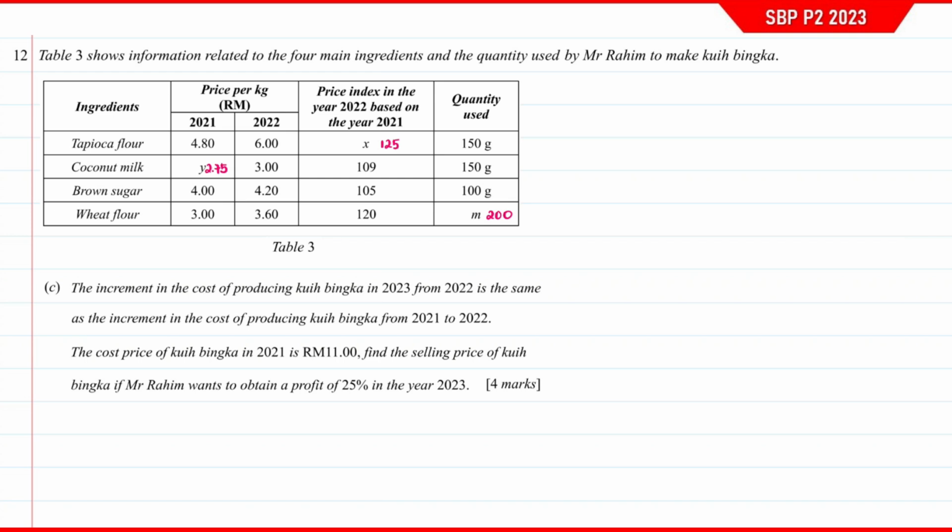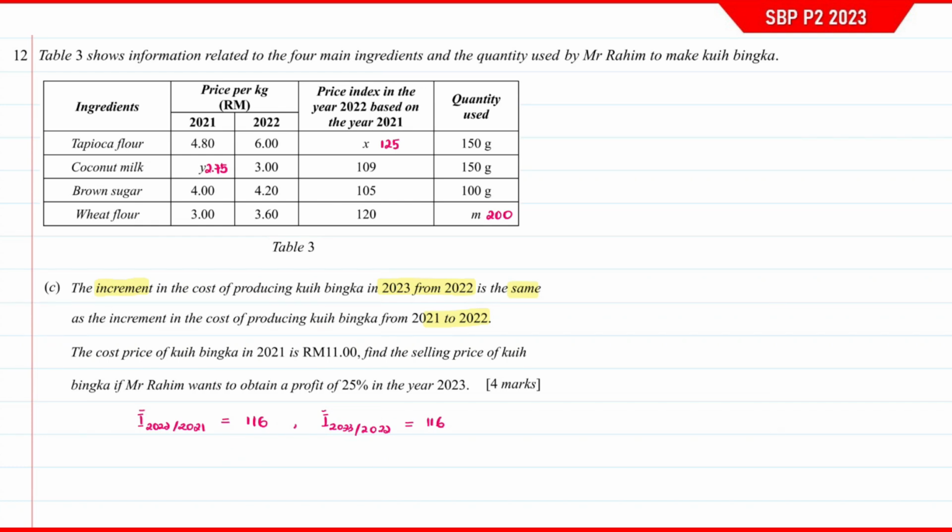So in question B, we already know that the composite index in the year 2022 based on 2021 is 116. As the increment in the year 2023 from the year 2022 is the same, then the composite index in the year 2023 based on 2022 will be 116 as well.